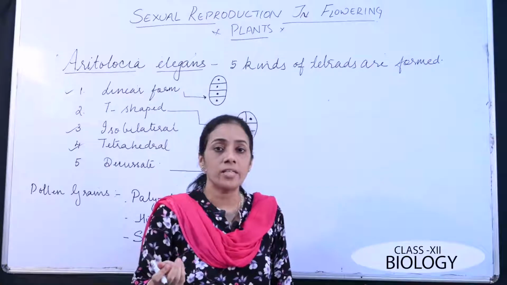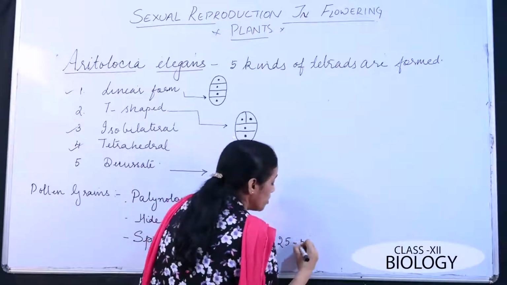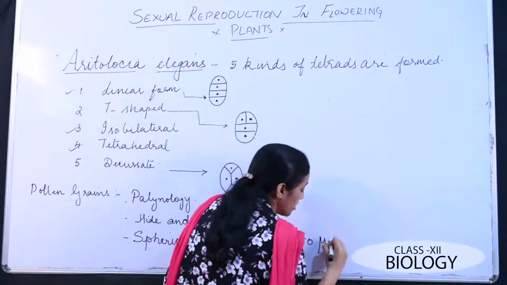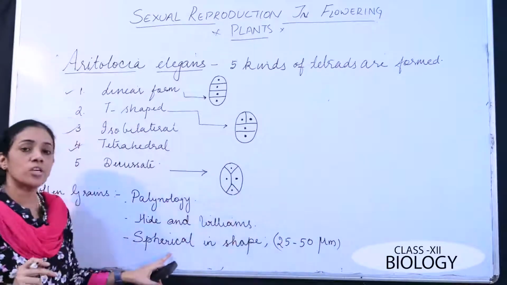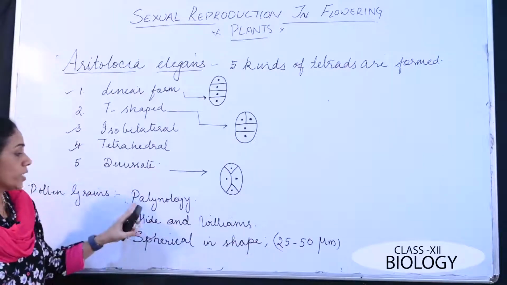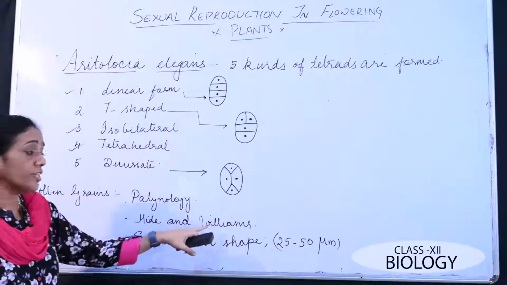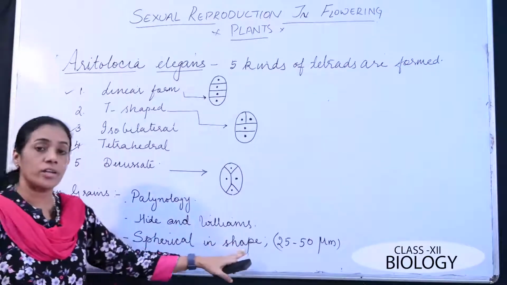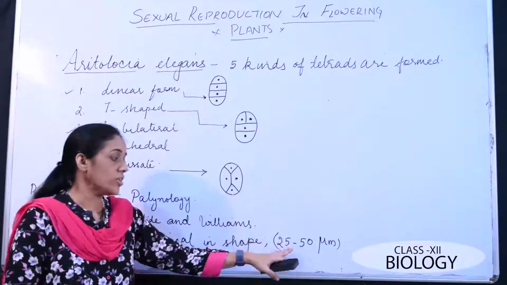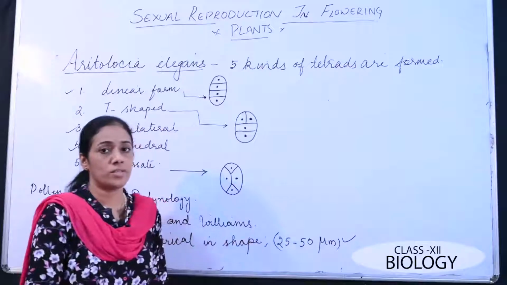Generally the pollen grains in diameter measure from 25 to 50 micrometers. This is the size. So 2-3 pieces of information you got about the pollen grains. Study of the pollen grain is known as palynology. Hyde and Williams introduced this term. Then the pollen grains are spherical in shape and in diameter they will be measuring 25 to 50 micrometers.